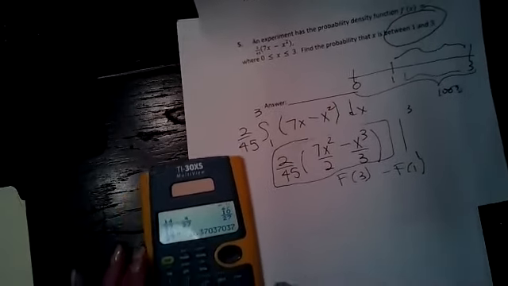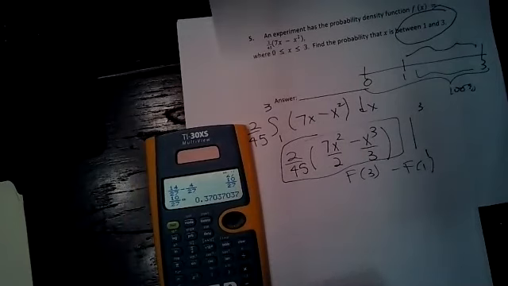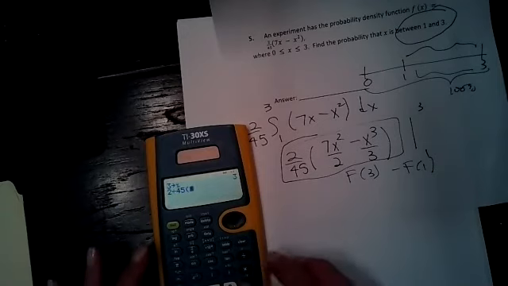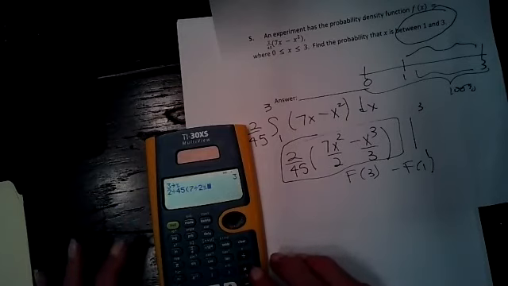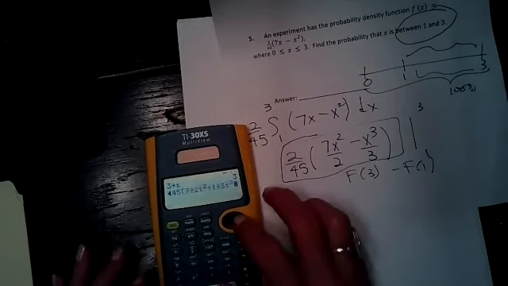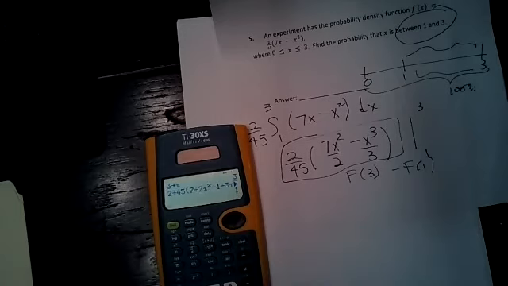So we'll do 3, store for x, and enter. And 2 divided by 45, parenthesis. I like to do 7 divided by 2, x squared, minus 1 divided by 3, x to the third. However you do it your way.